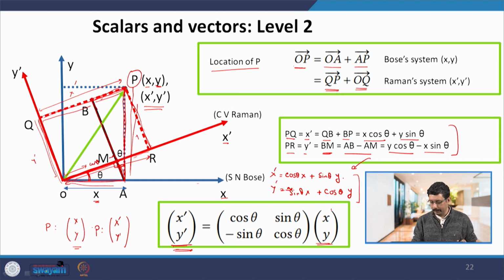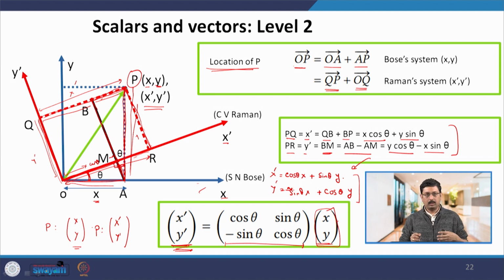So, this represents the location vector of point P in the blue frame, and this represents the coordinates in the red frame, and this is a product of this matrix which represents all the theta dependent part. So, I can separate the theta dependent part and the coordinate part.